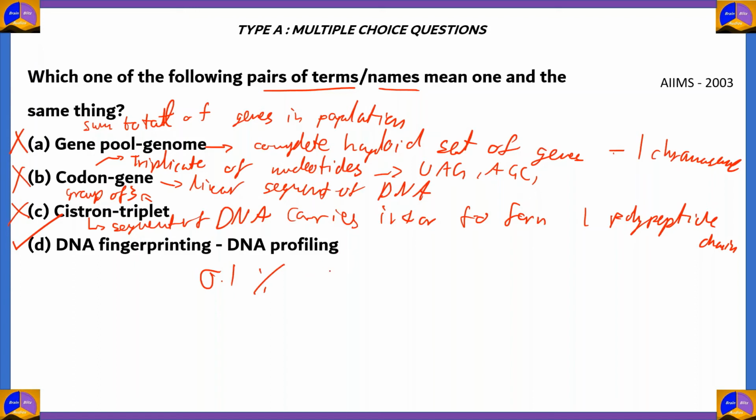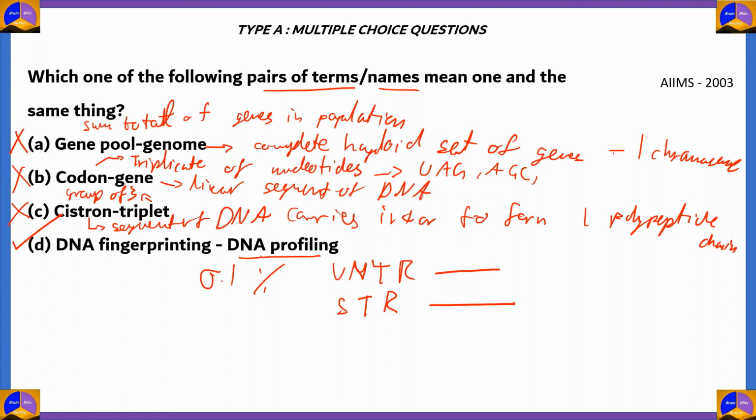So these have variable number of tandem repeats and short tandem repeats as well. So therefore, by counting out the VNTRs and the STRs, you'll be able to give a DNA profile for each person. So that's why it's known as DNA profiling. And using this, we can find out whose DNA is present in this sample.